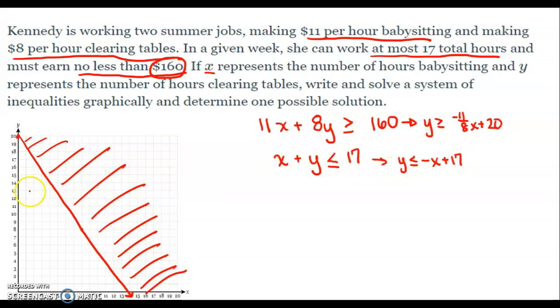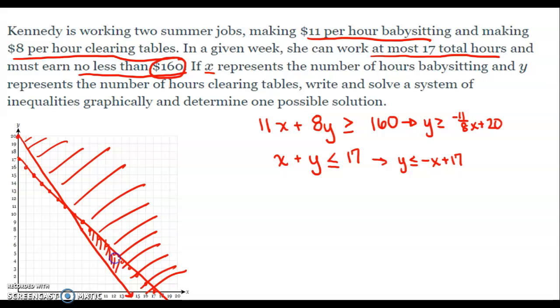Okay, and my second equation, I'm going to start at 17. And I'm going to go down 1 over 1. And this should hit at 17. Okay, and that's also going to be a solid line all the way through, and I shade down.